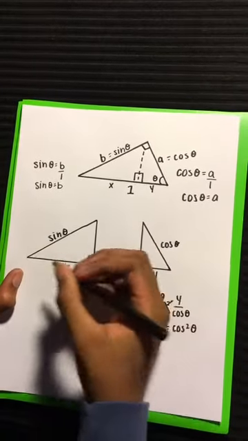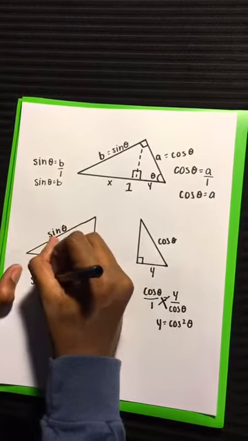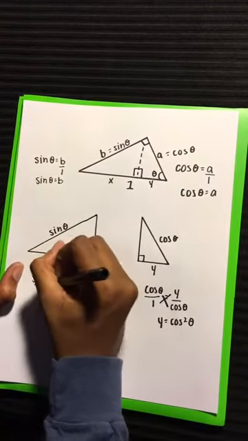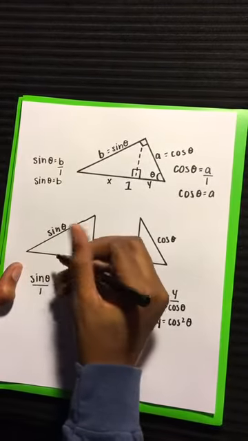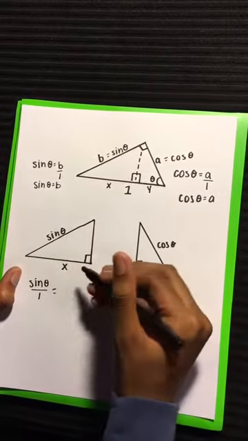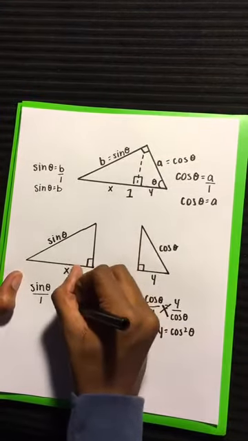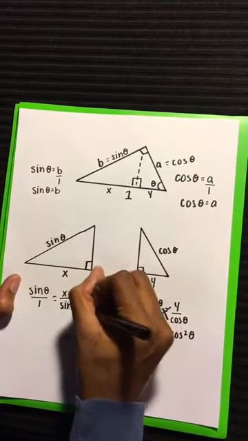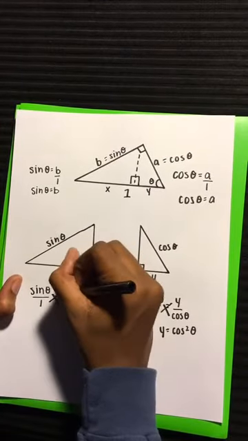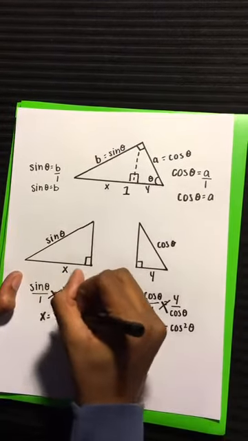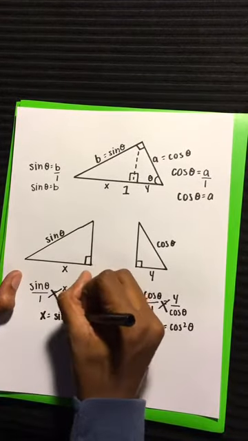So the proportion for that is going to be sine theta over 1. And in this triangle, the long leg is X and the hypotenuse is sine theta. So you're going to cross multiply, and you get X equals sine squared theta.